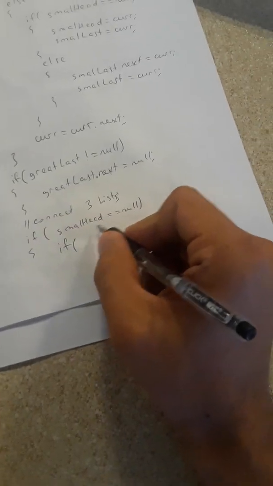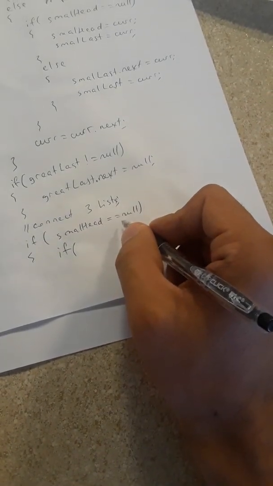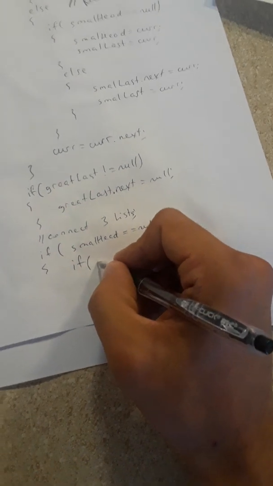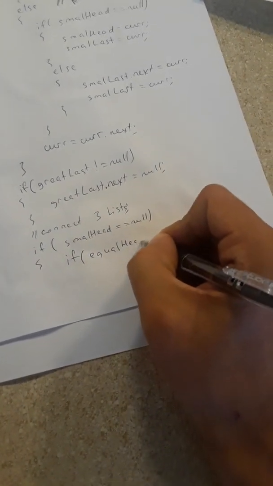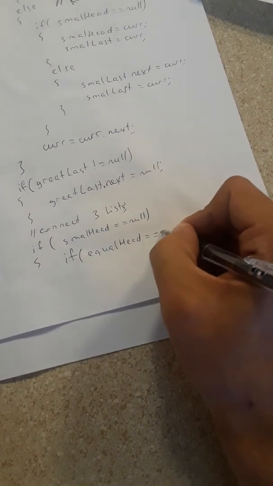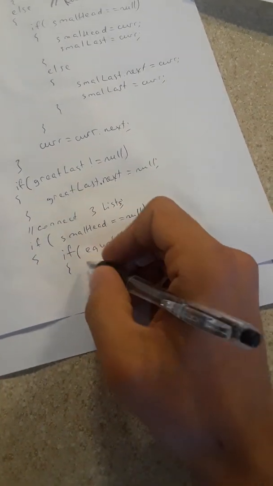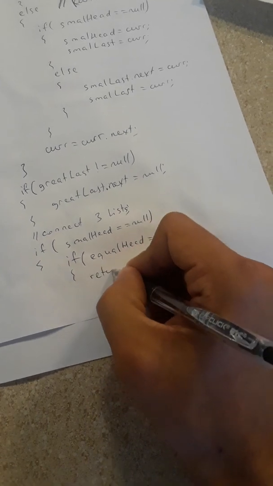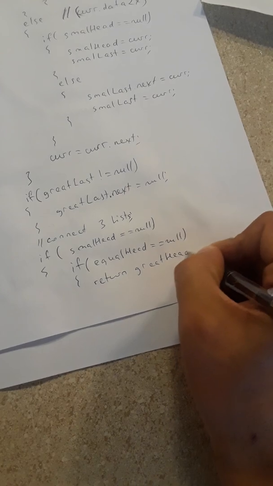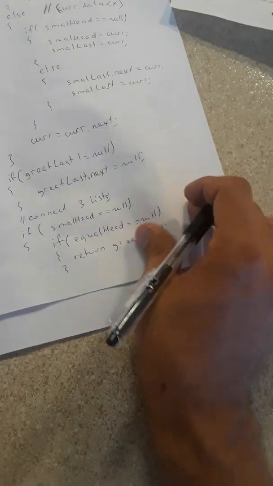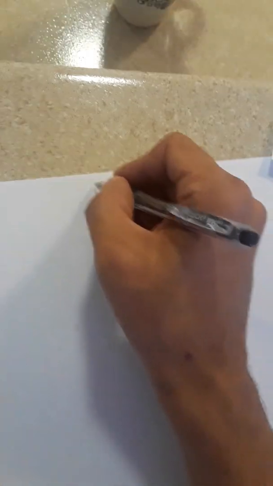Okay, we check if our small head is equal to null. If it is, we make another check if our equal head is null. If it is, as I told you before, we are just returning great head. Let me continue this in the next paper.